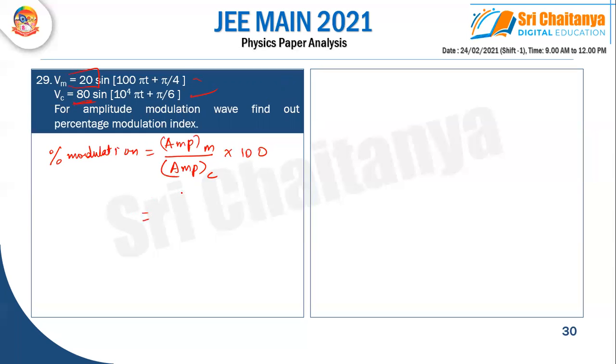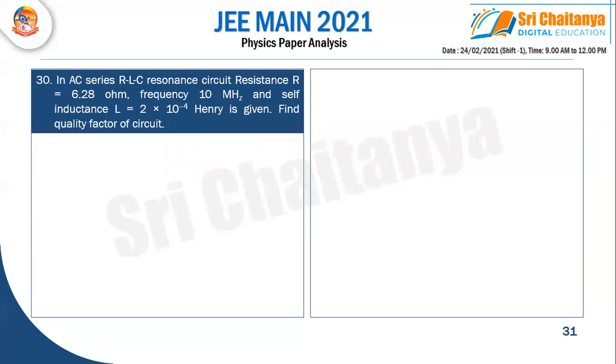So I'll be getting it as 20 by 80 into 100, which is 1 by 4 times, and I'll be getting it as 25 percent. And this will be the right answer. So we'll move on to the next question.